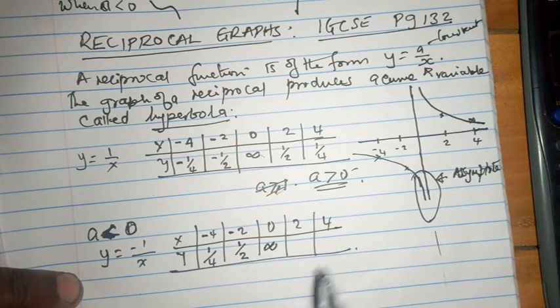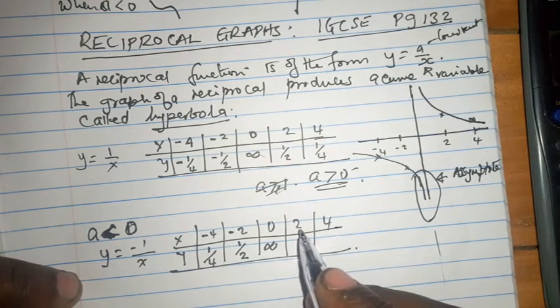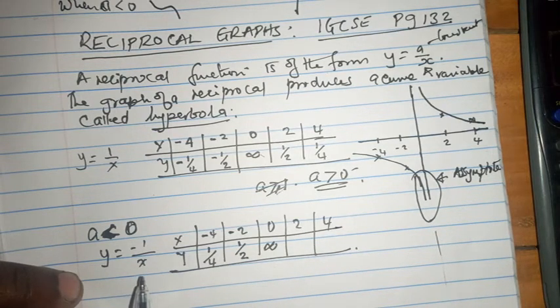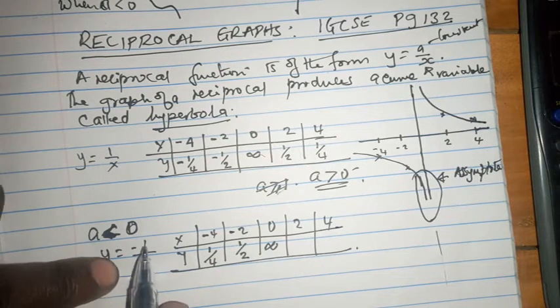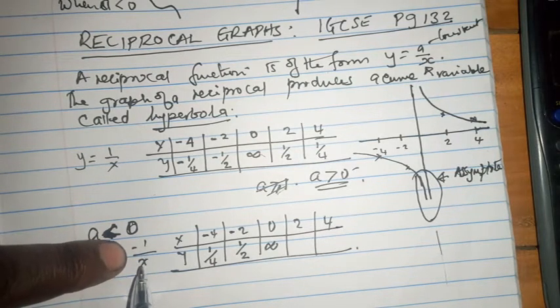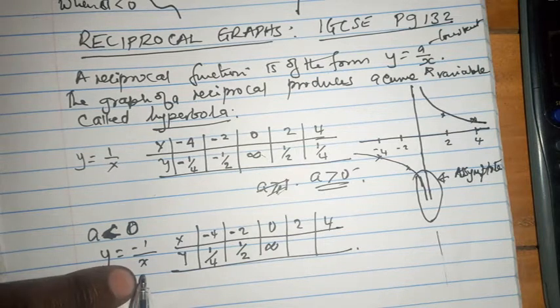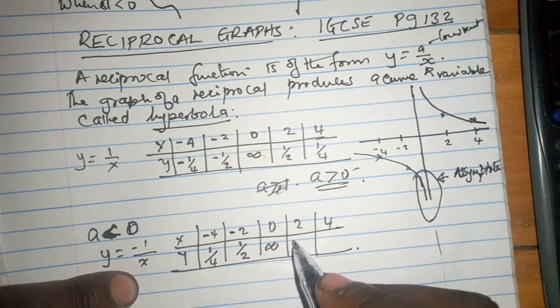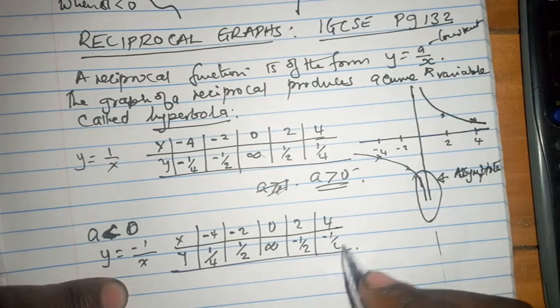This one remains infinity because minus 1 over 0 is infinity. When x is 2, minus 1 divided by 2 is minus a half. Minus 1 divided by 4 is minus a quarter.